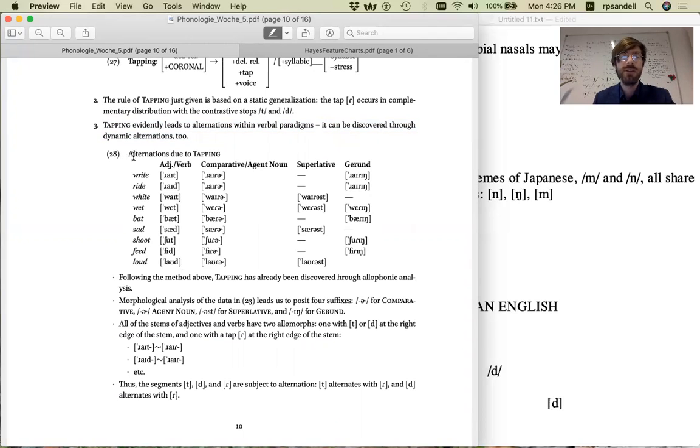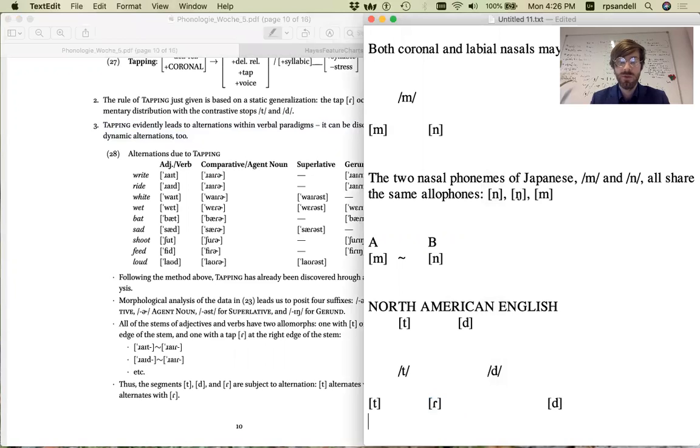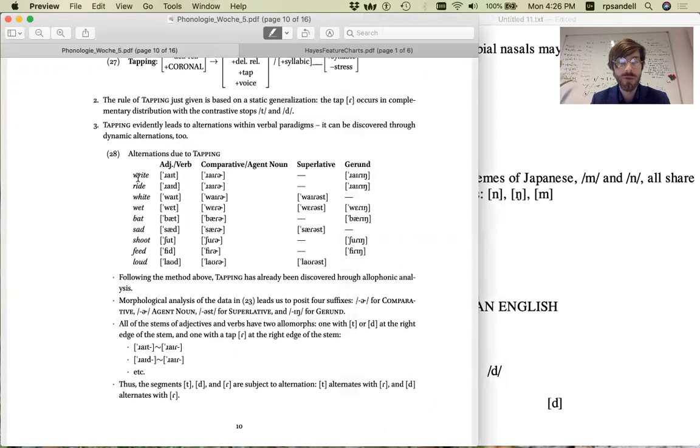We find alternations in the form of a verb or adjective based on tapping. So in English, there are two suffixes pronounced as in rhotic dialects, like North American English dialects of English. So if we make a noun, writer, from the verb write, or from an adjective we make the comparative form wetter from the adjective wet, we get a tap there.